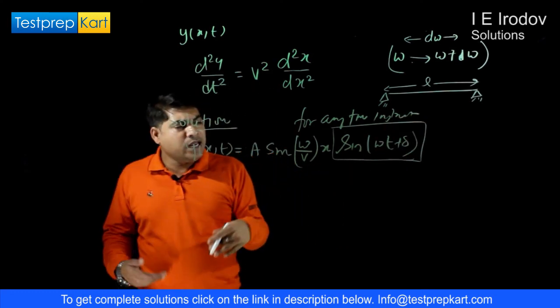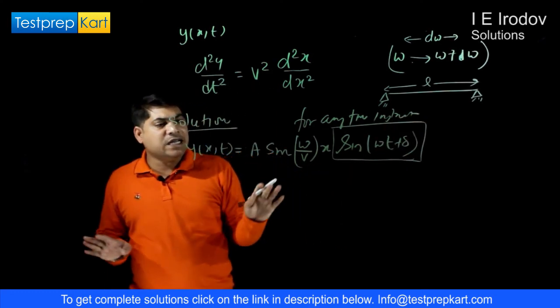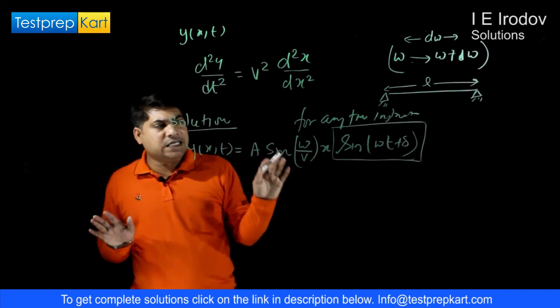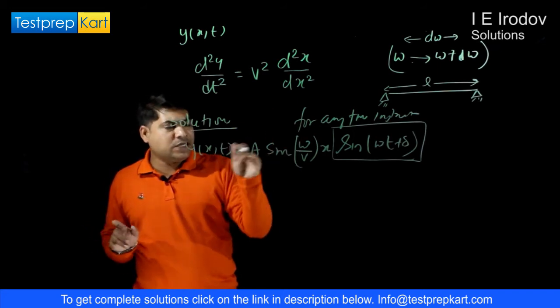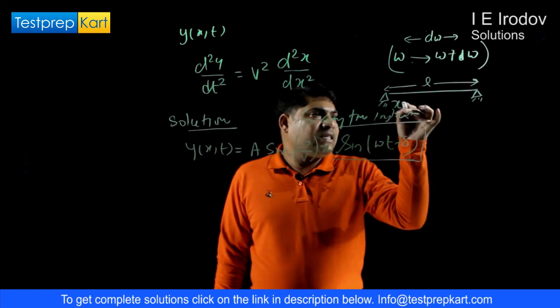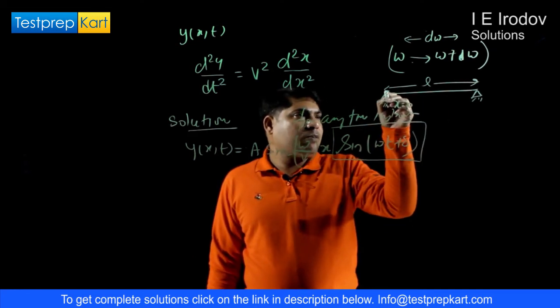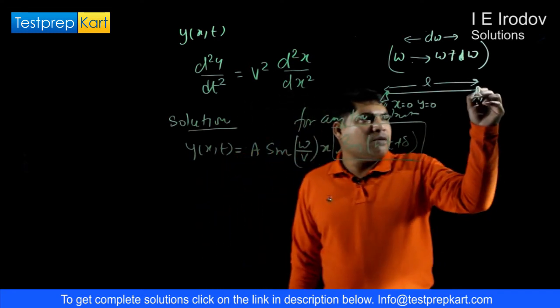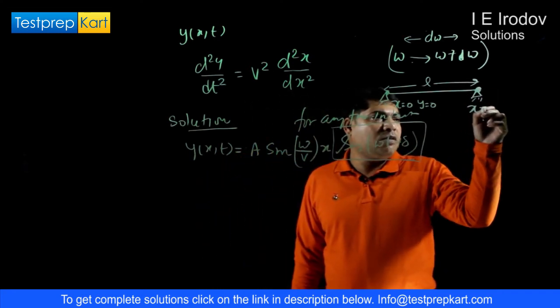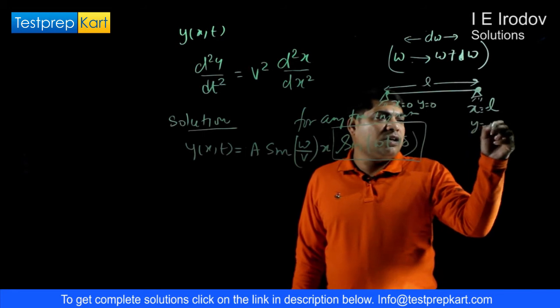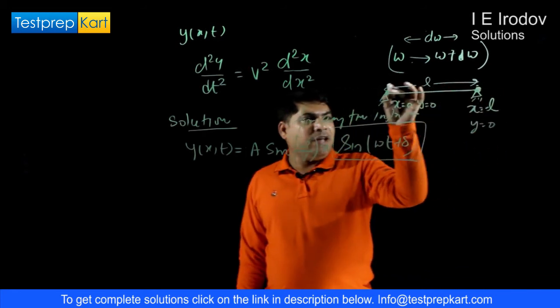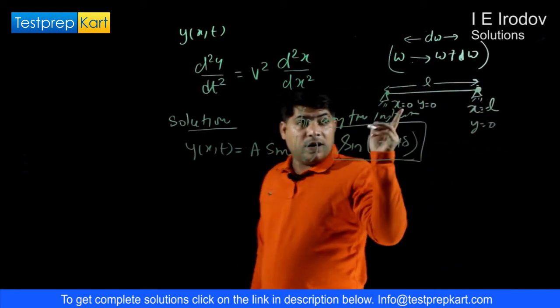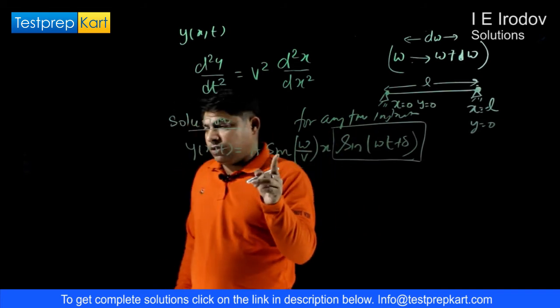For any particular time instant, we can impose two boundary conditions on this wave. First, when x is equal to 0, there would be no displacement, so y is equal to 0. Number 2, if x is equal to L, then y is also equal to 0. So we can apply two boundary conditions over this solution.